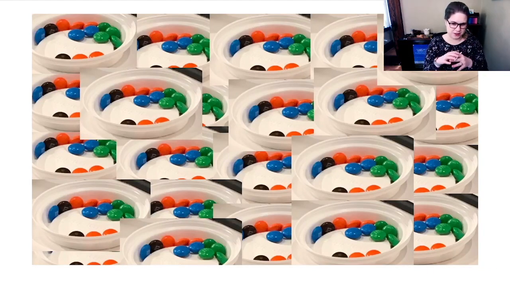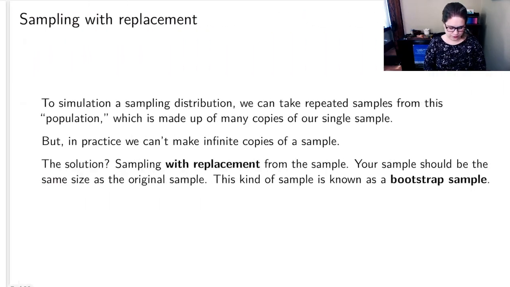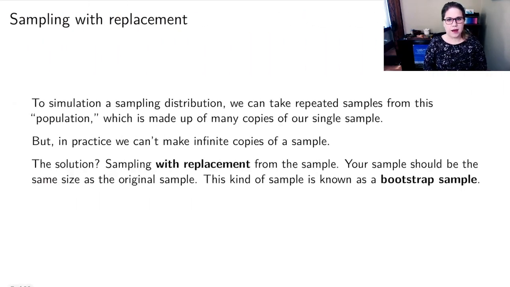Really, I have to think of it as infinitely many copies of my sample, but I couldn't put that all on the slide. So here's many, many copies of my sample. The way we would simulate a sampling distribution is to take repeated samples from the population, which is made up of many copies of our single sample. But again, in practice, we can't make infinite copies of our sample.